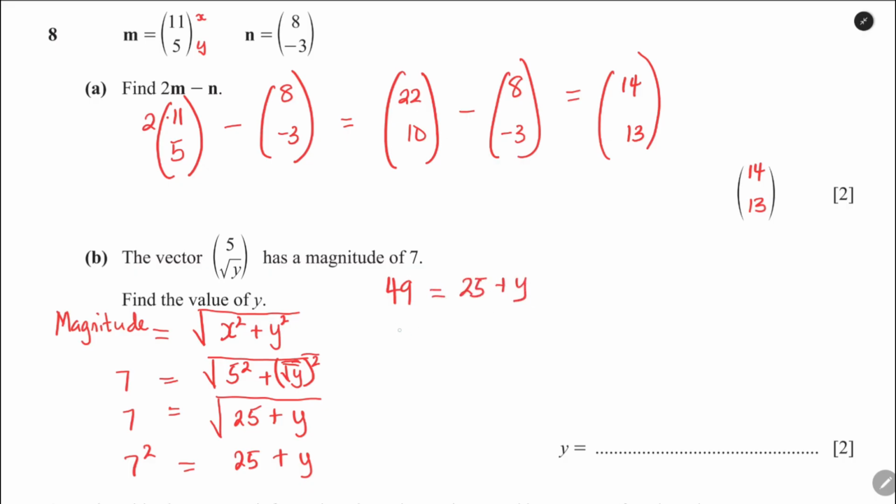We'll move the 25 over there or collect like terms, whichever way you want to think about it. We have 49 minus 25 equal to y. 49 minus 25 is going to give us 24. So our y is 24.